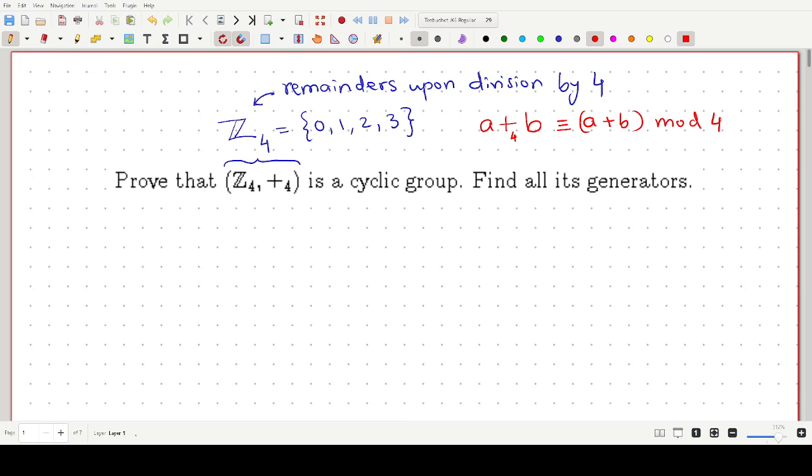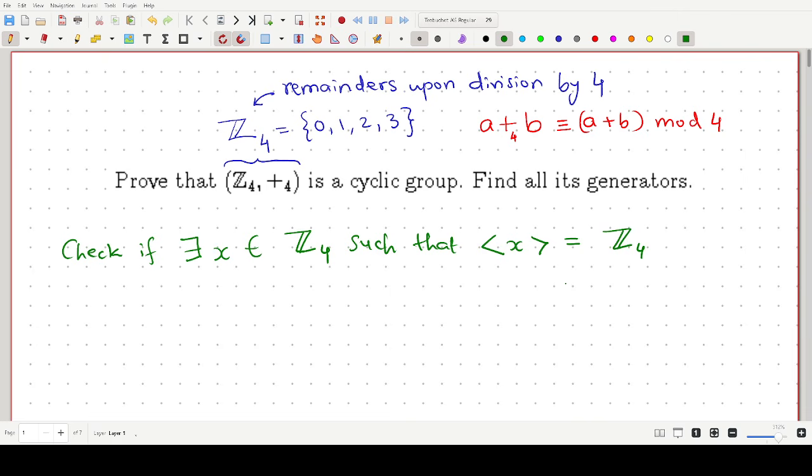Now let us check if there is an element which actually generates this particular group or not. So check if there exists an element X belongs to Z4 such that the group generated by X is equal to Z4. Right?